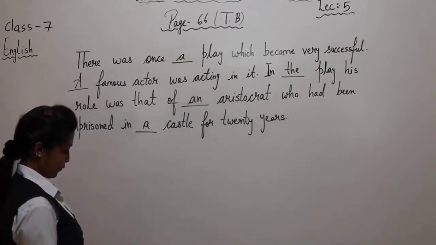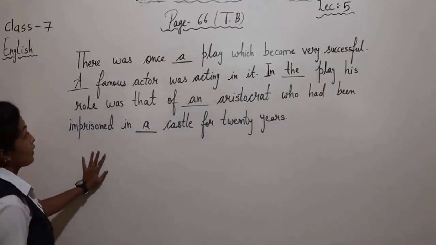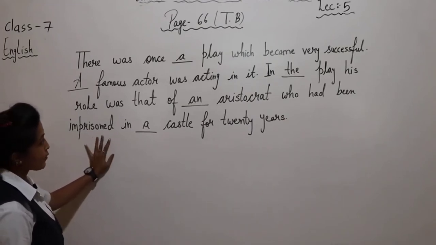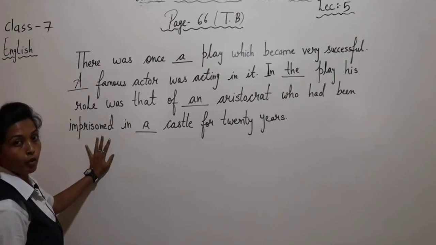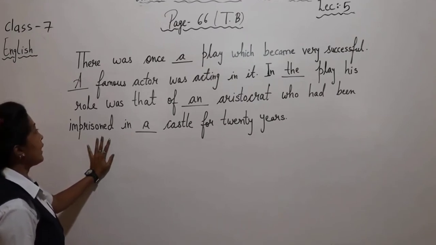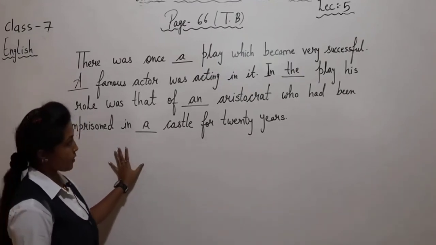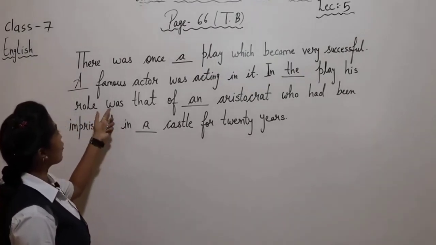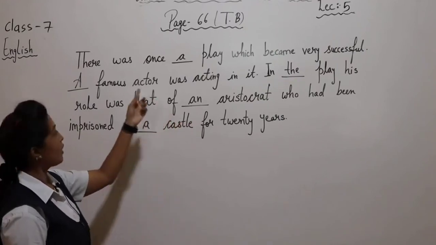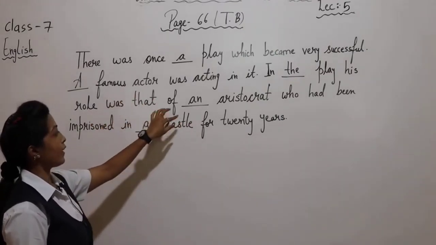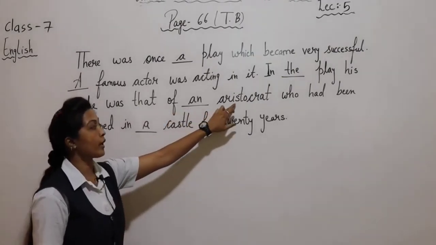So now one play, that once a play which became very successful, means very popular, that play, okay. Then in that play a famous actor was acting in it. In the play his role was, whose role? That famous actor, his role was that of an aristocrat.